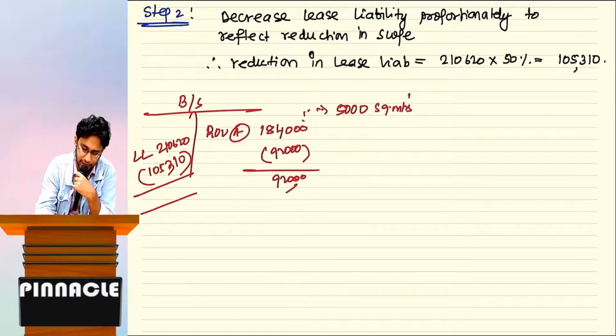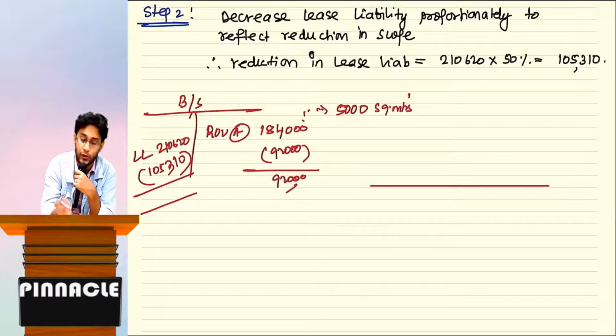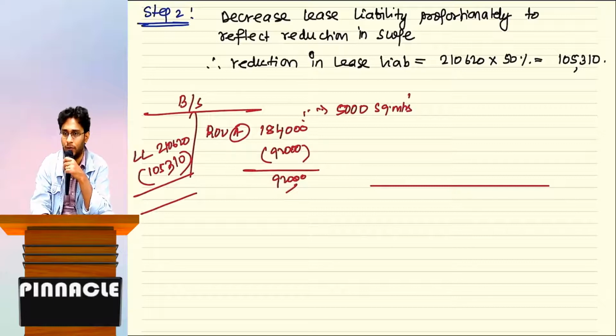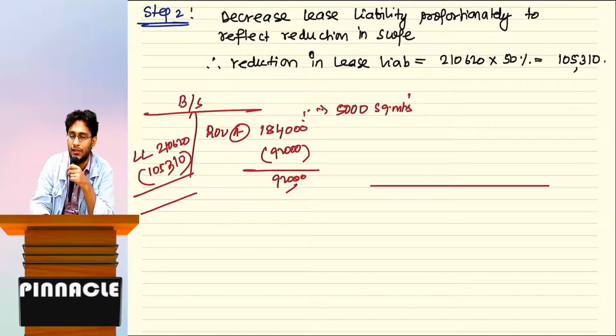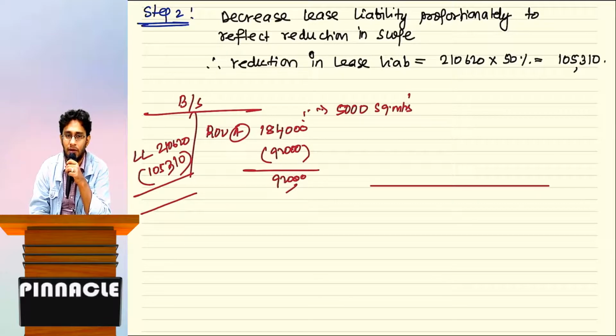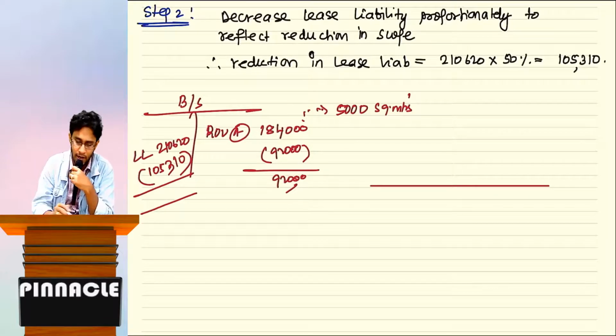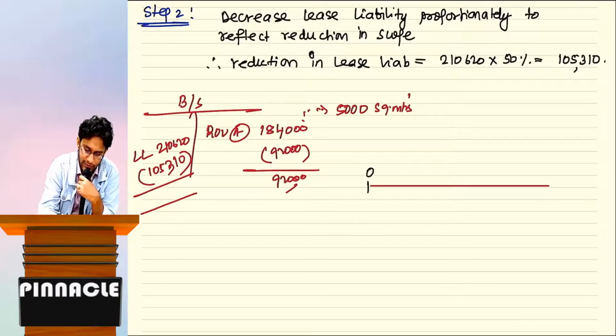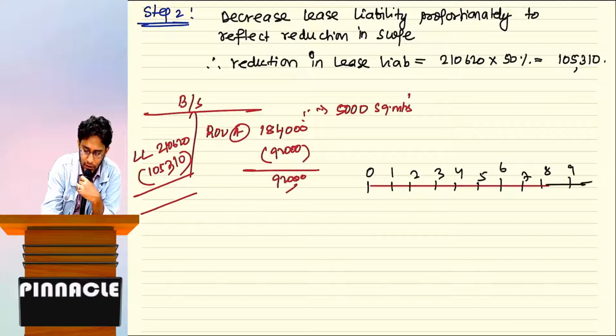How you have to think is, if from the very beginning we had contracted this space only for 2,500 square meters, how much liability would we have had in our balance sheet today? We will actually work that out, sir. Now, our lease period is 0, 1, 2, 3, 4, 5, 6, 7, 8, 9 and 10.